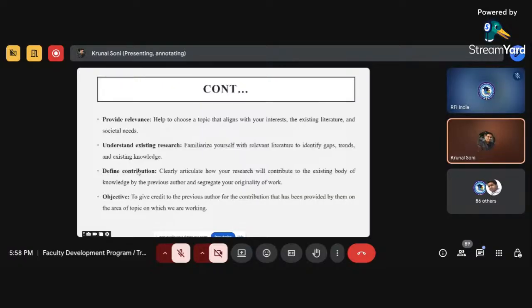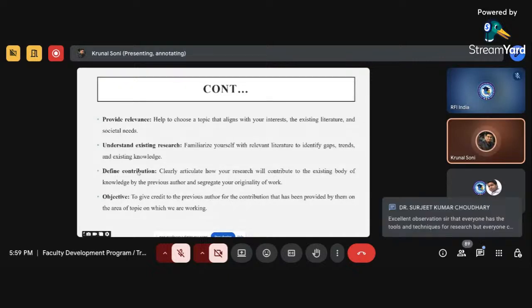All those questions can be easily answered by the referencing and bibliography that we have done on a timely, systematic and frequent basis for our research work, right? So it is always going to help us in this particular aspect. So we must think about and incorporate those things.